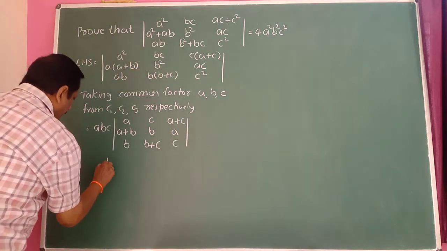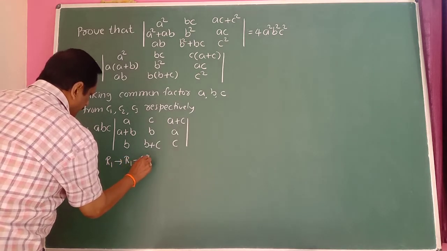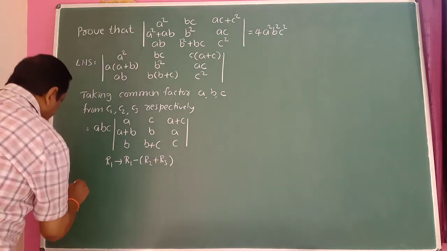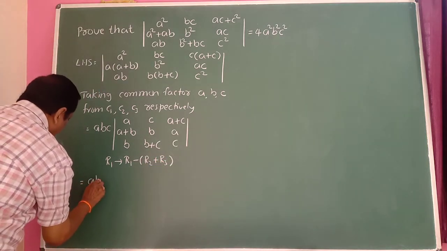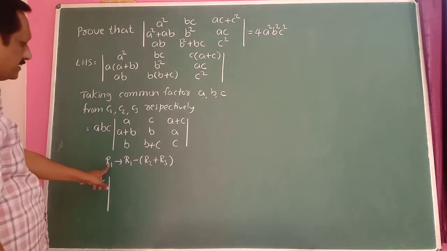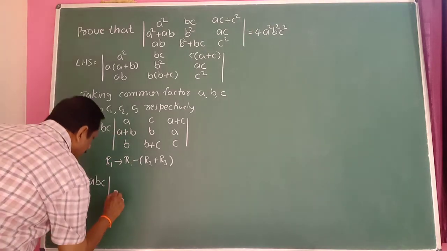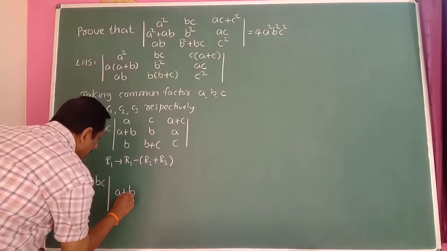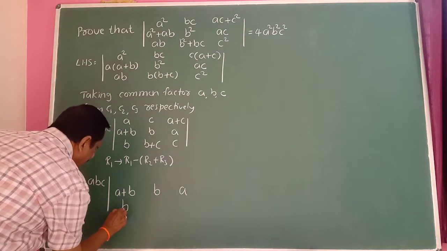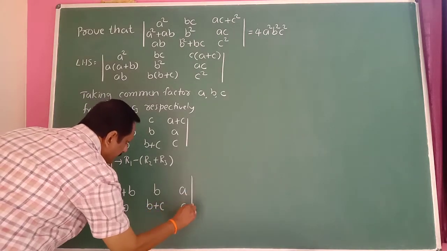Then R1 becomes R1 minus the sum of R2 and R3. So this is equal to abc into the determinant of, where only the first row changes and the second and third rows are kept as they are: a plus b, b and a; then b, b plus c and c.